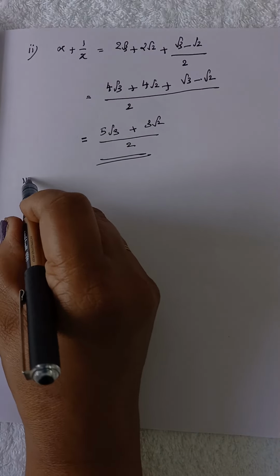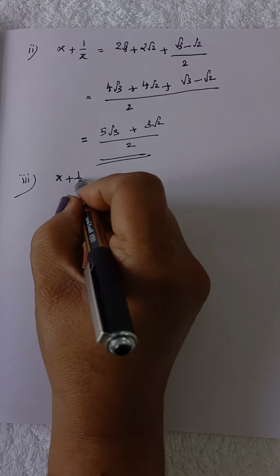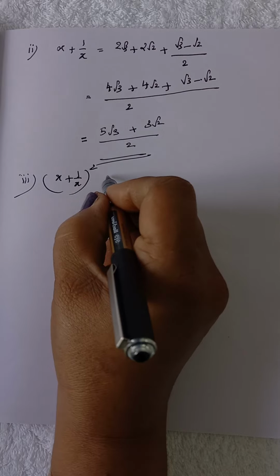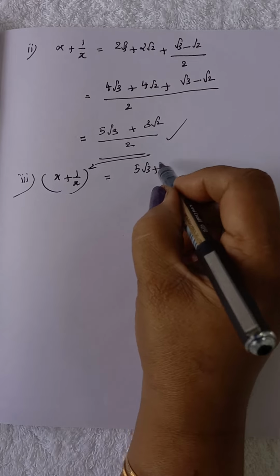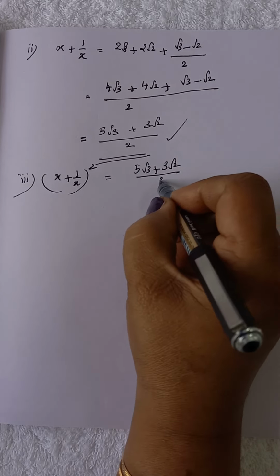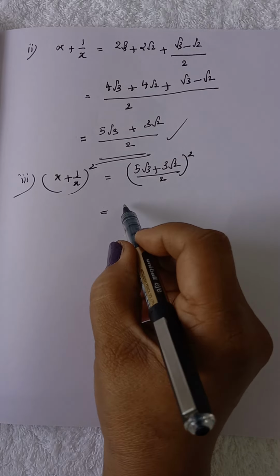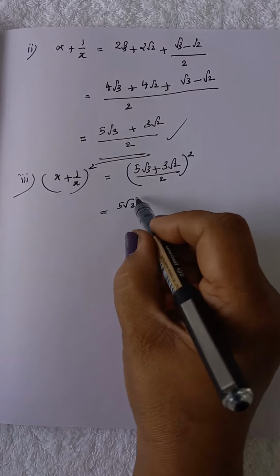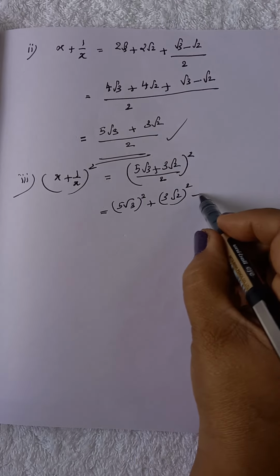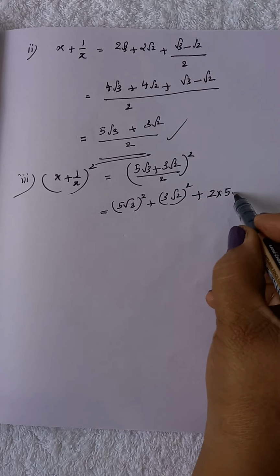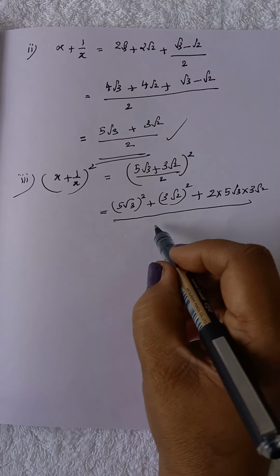Now the third sub question is x plus 1 by x whole square. Here we know x plus 1 by x is 5 root 3 plus 3 root 2 divided by 2. So that whole square. Now this is equal to, here this is 5 root 3 square plus 3 root 2 square plus 2 into 5 root 3 into 3 root 2 divided by 2 square, that is 4.